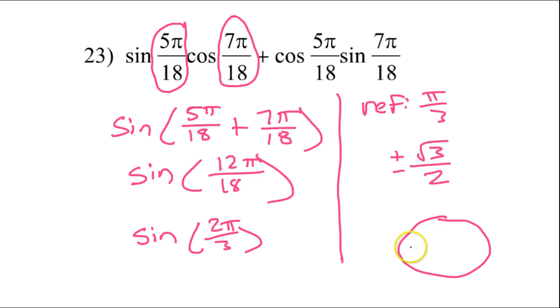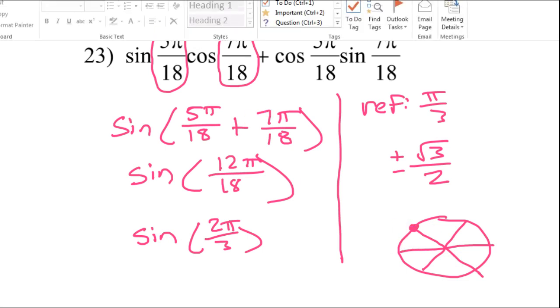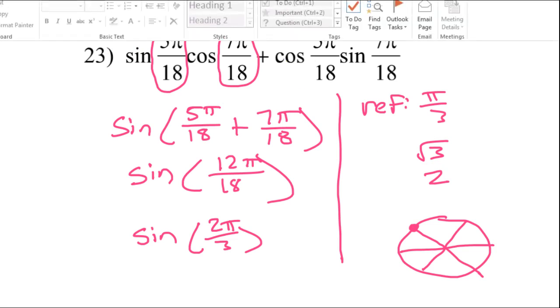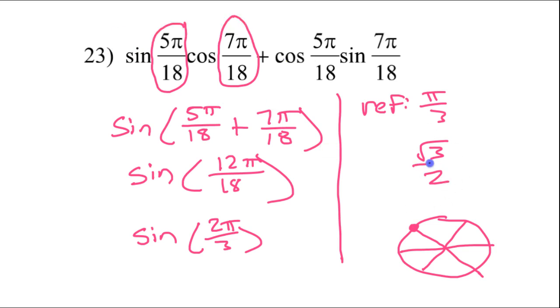Again, 2 pi over 3 is in the second quadrant. It's right here, and sine is a y value. Y values are positive up here, so that's why I'm going to put positive radical 3 over 2. Did not quite mean to erase that. So this will be the final answer.